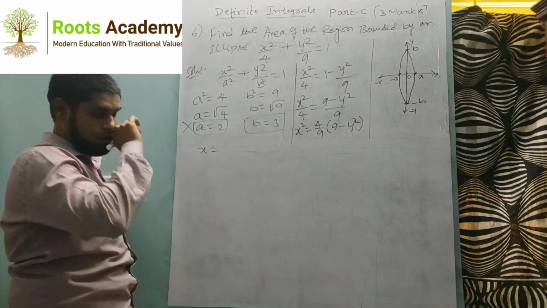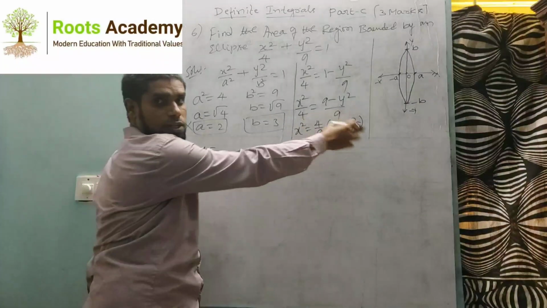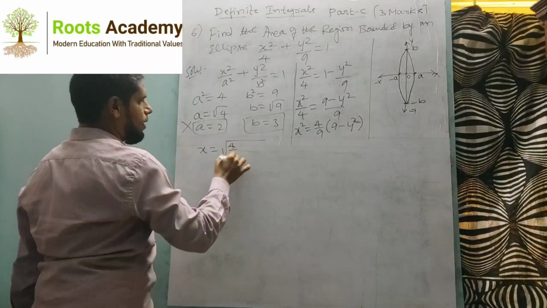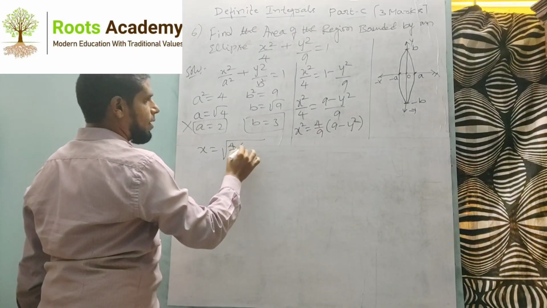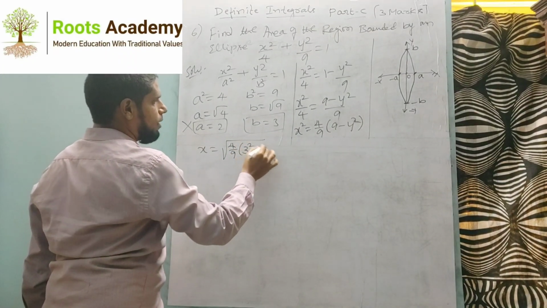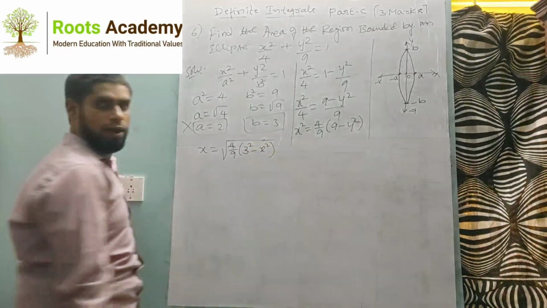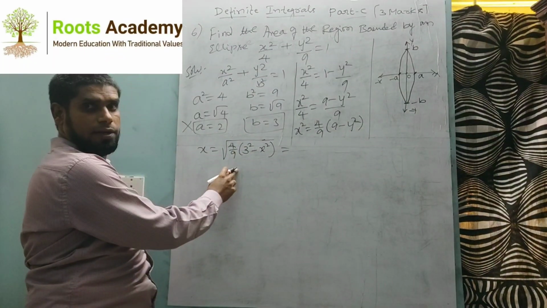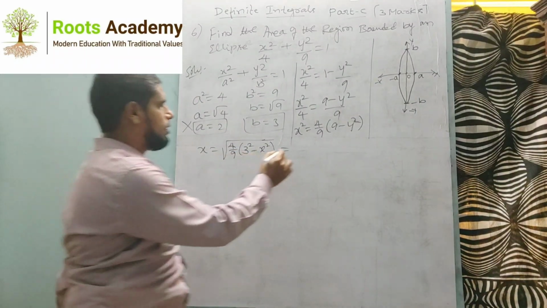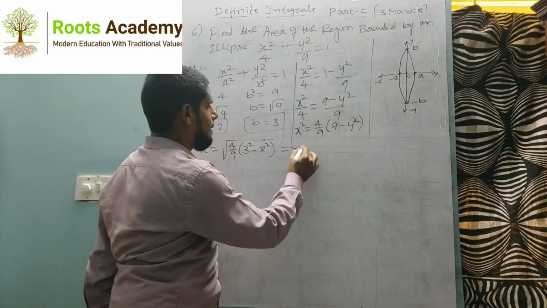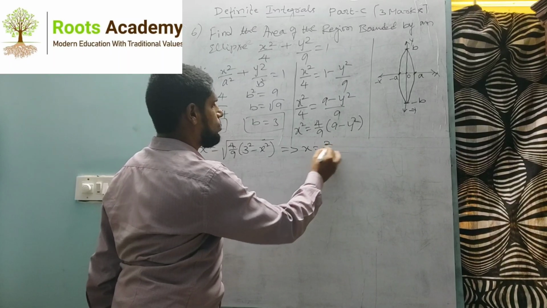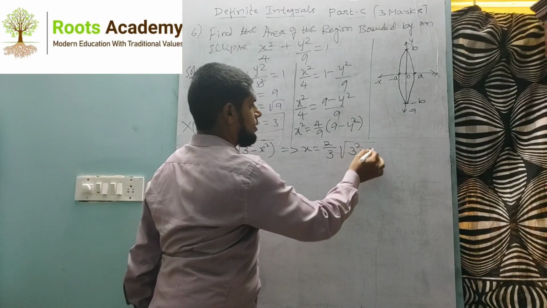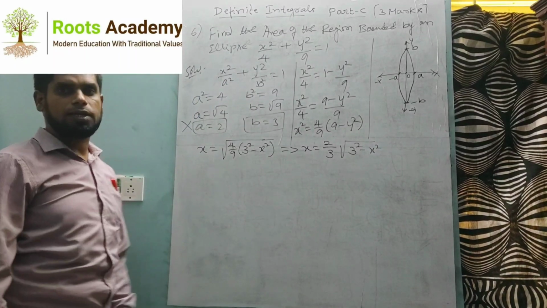My x is equal to, this square I am shifting to the other side, becomes root 4 by 9. The bracket term can be written as 3 square minus y square. So root 4 by 9, if I take outside the root, then I will get x is equal to 2 by 3 root of 3 square minus y square.